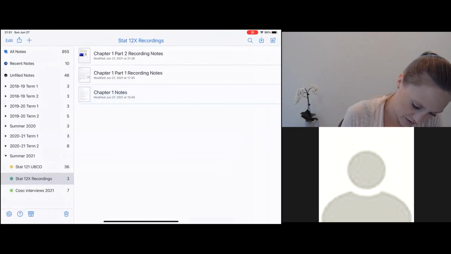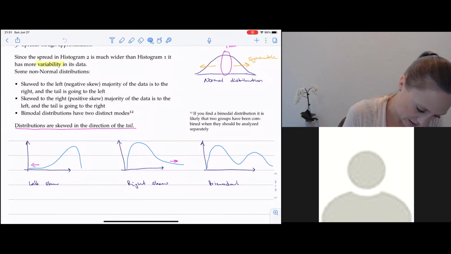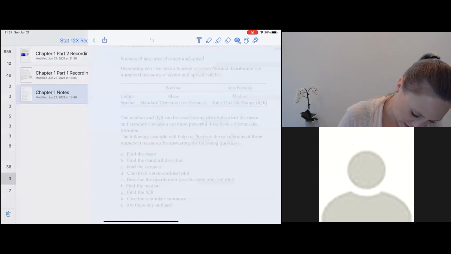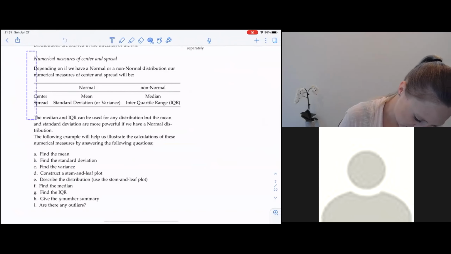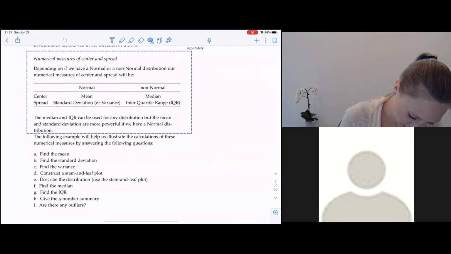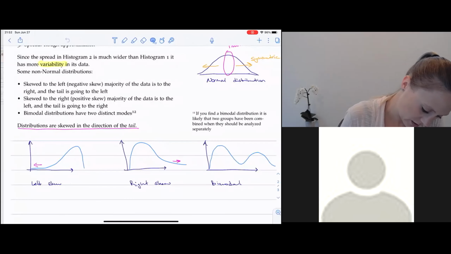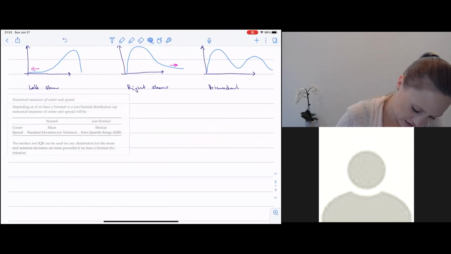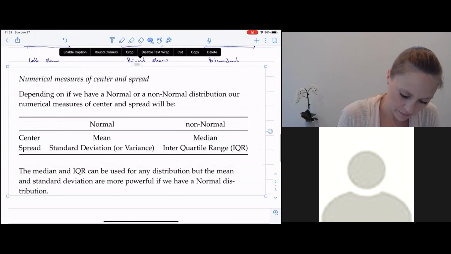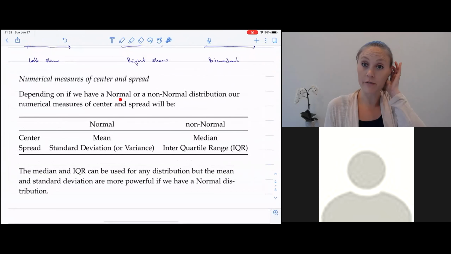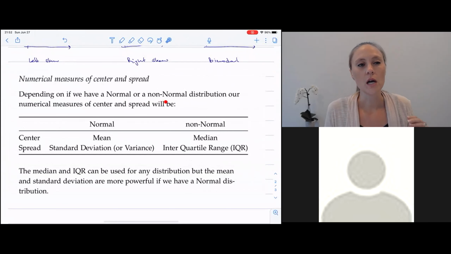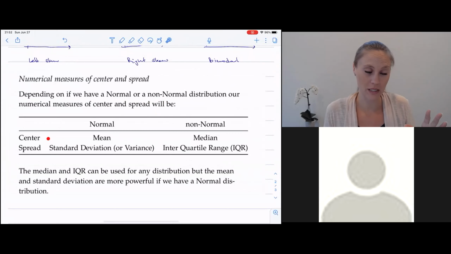So I want to talk a little bit about that. Depending on whether we have a normal or non-normal distribution, our numerical measures of center and spread will be shape dependent.